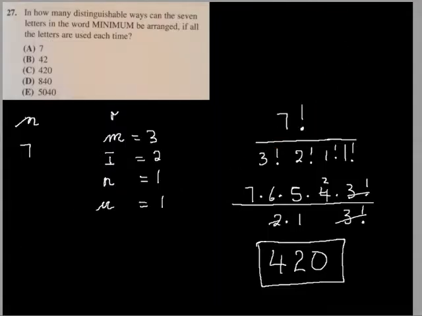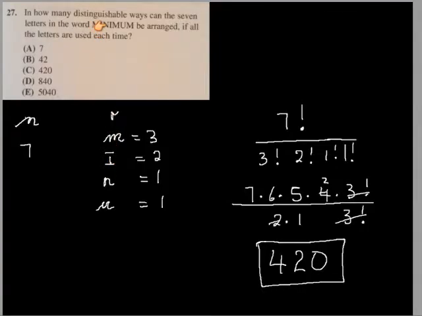Here is a real SAT question. The question is, how many distinguishable ways can the 7 letters in the word minimum be arranged if all of the letters are used each time? So the total number of spots here is 1, 2, 3, 4, 5, 6, 7. So n is 7. And let's identify r's. There's an M here which occurred 3 times. I occurred twice.